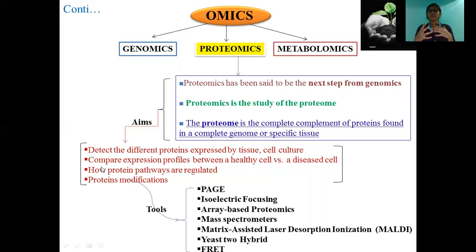that particular disease. The third important aim is that you can identify what kinds of pathway are regulated and what kinds of proteins are involved in that pathway. And lastly, you can also study protein-protein interaction. It is one of the most important studies in proteomics, because whatever proteins are present in the cell may interact with each other.